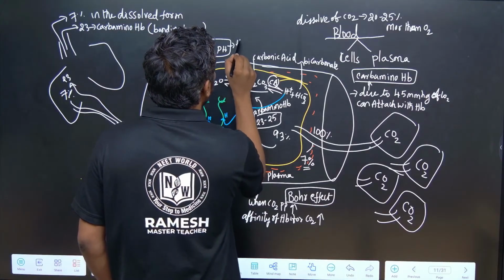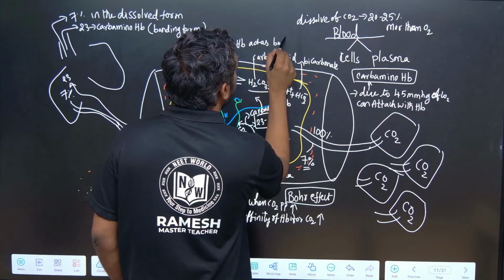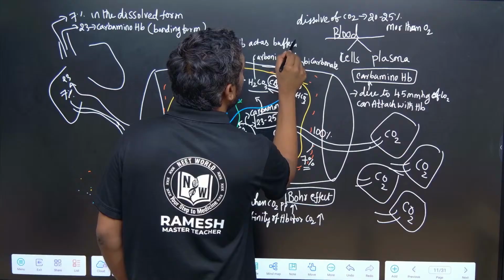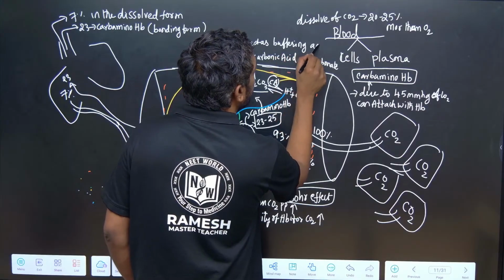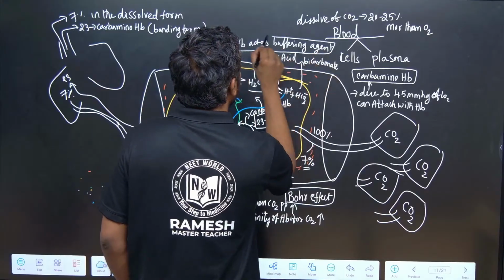Hemoglobin acts as a buffering agent. This is a NEET point.